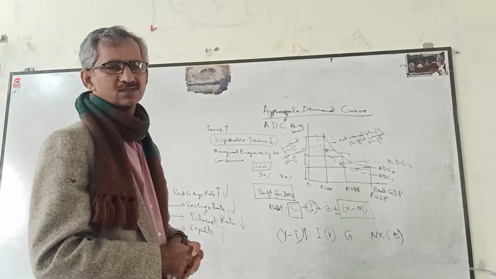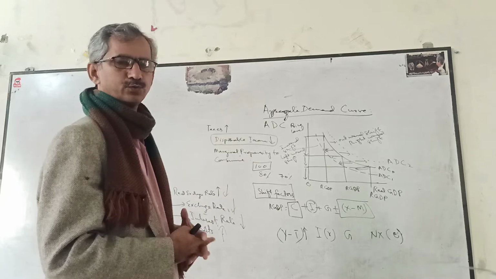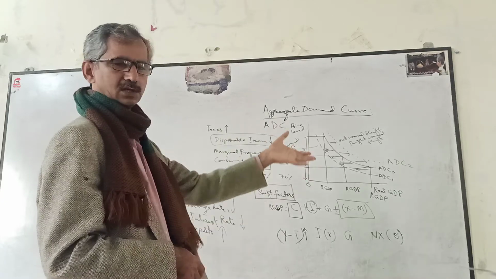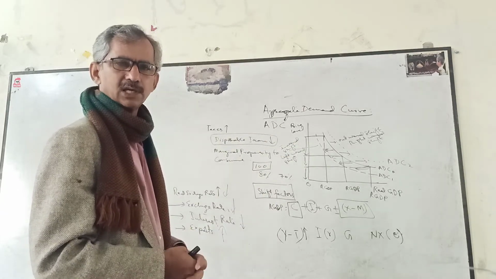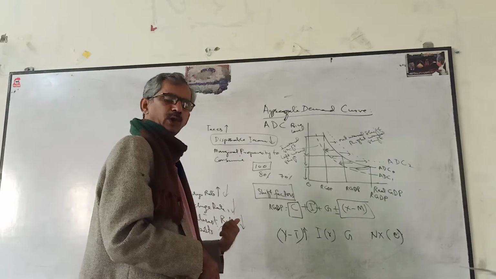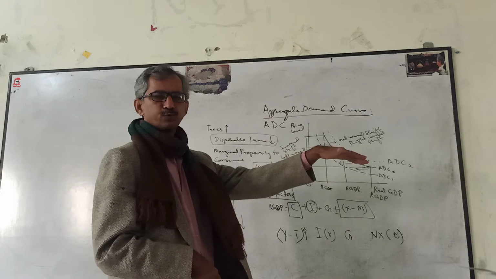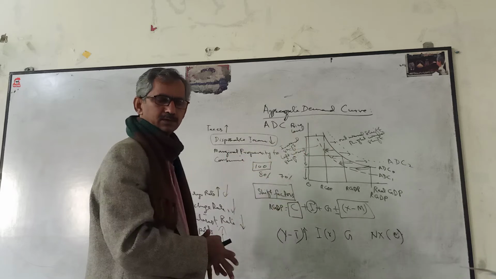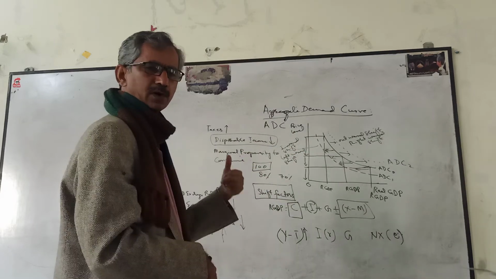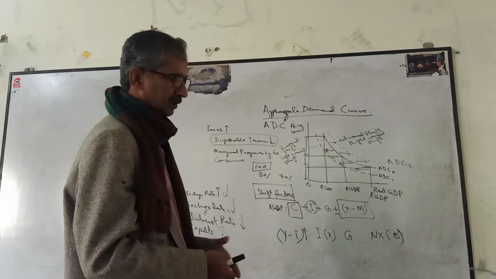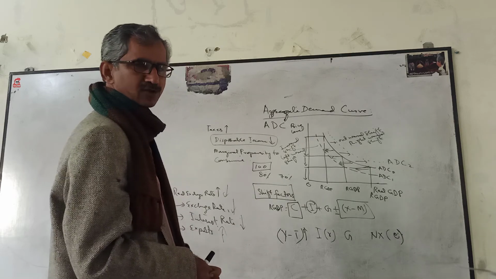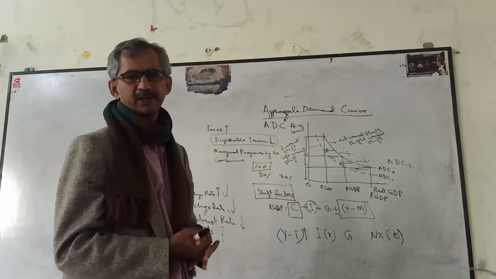And whenever the interest rate falls, there will be an outward shift. And then there is government spending. When government spending increases, we have an outward or rightward shift in the demand curve, and vice versa. Then net exports: exports have an impact on the exchange rates.